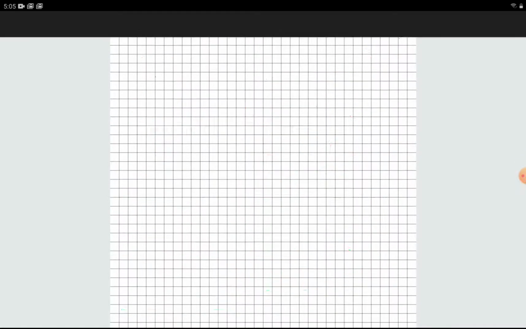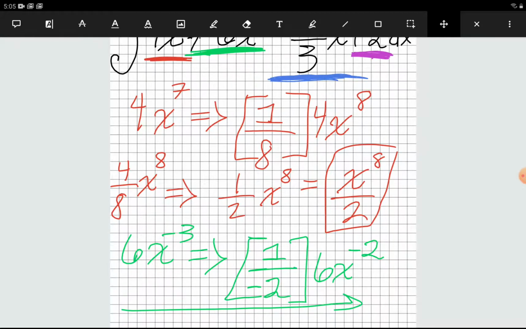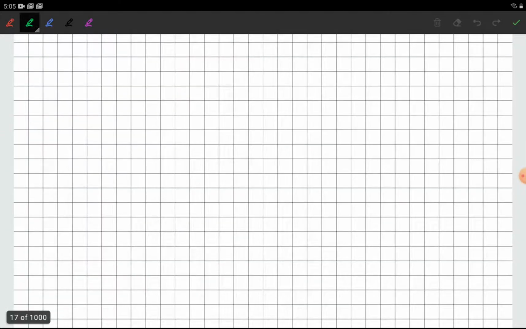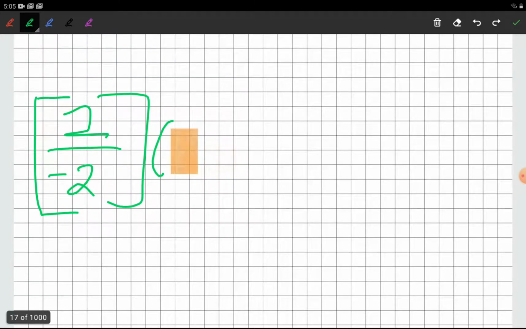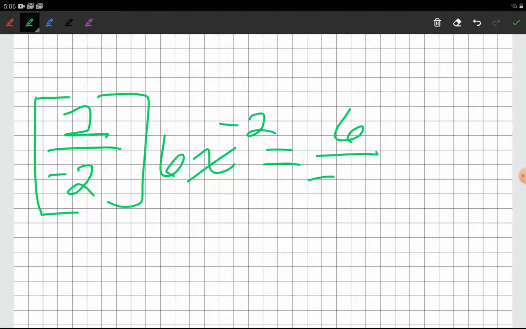So what does it say? 1 over negative 2, 6x to the negative 2, so that's 6 over negative 2, x to the negative 2.